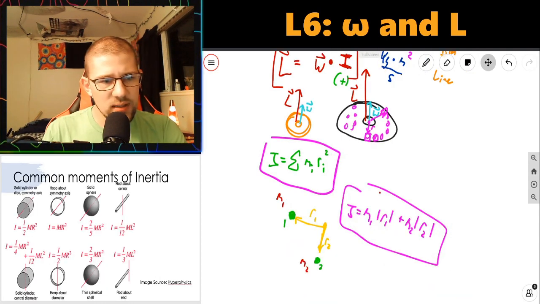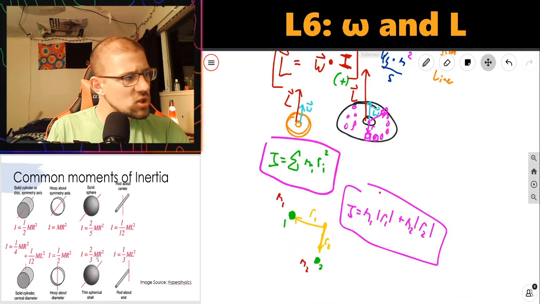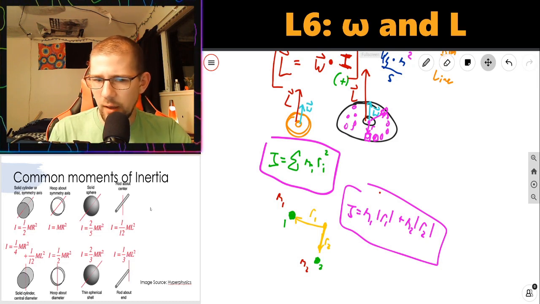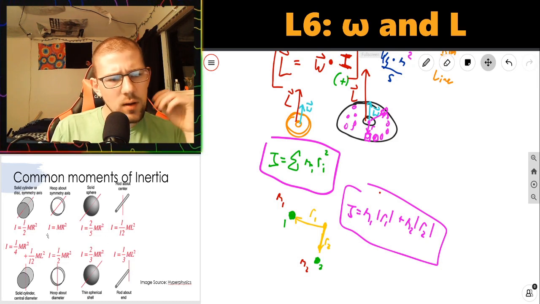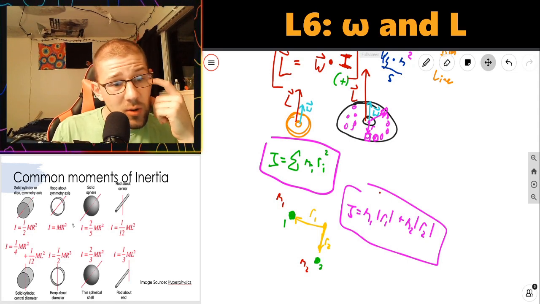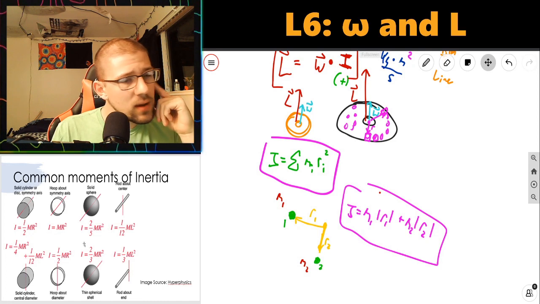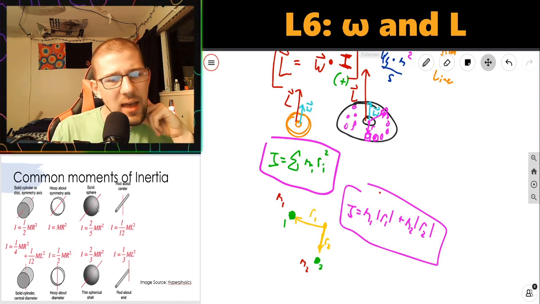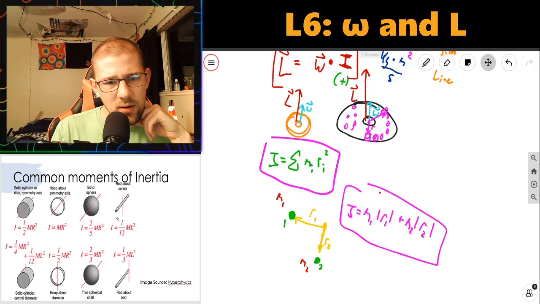Okay, you can see here some common moments of inertia down in the slides. This image was shamelessly ripped from Hyperphysics, all hail Hyperphysics. Notice that for each of these objects, the value of the moment of inertia, I, depends on both the axis of rotation and on the object itself. Like for this rod, if I rotate my rod about its center, my I is 1/12 of the mass times the length of the rod squared.